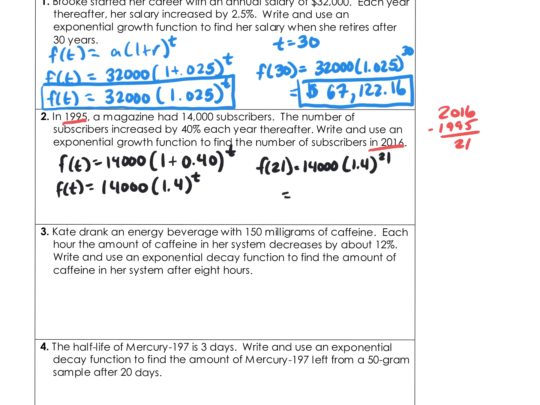It's not dollars in this case, it's subscribers. This gives me 16,398,978. So you go from 14,000 subscribers to 16 million in 21 years. Of course, this is a 40% growth rate, so this is an extremely aggressive growth rate. Most things don't grow that fast.